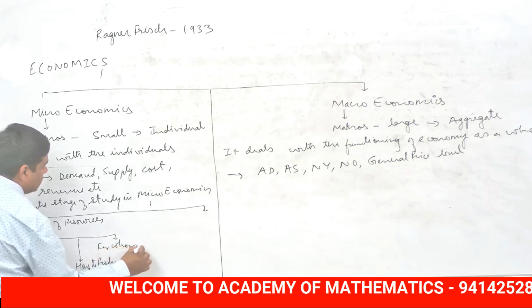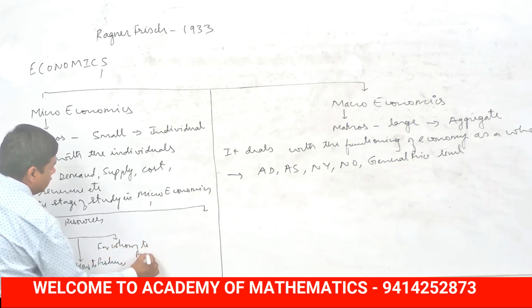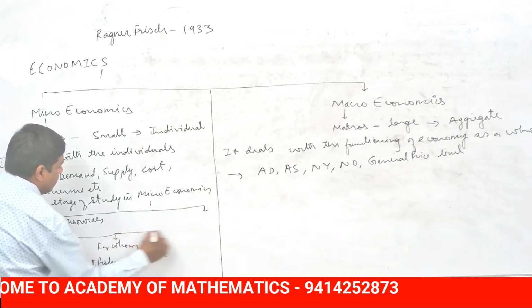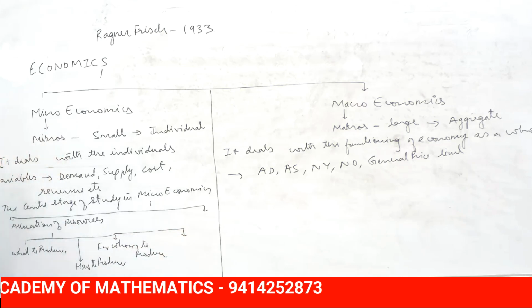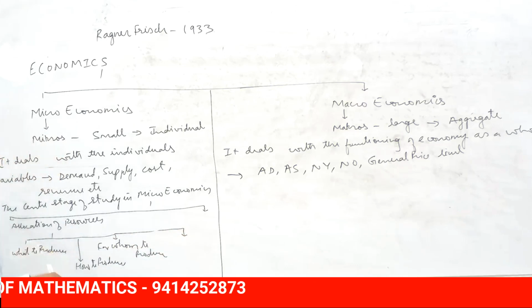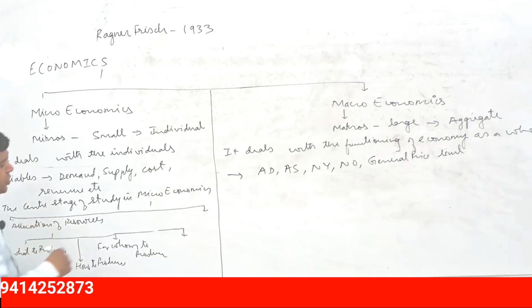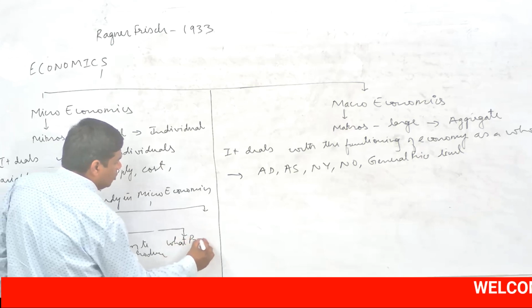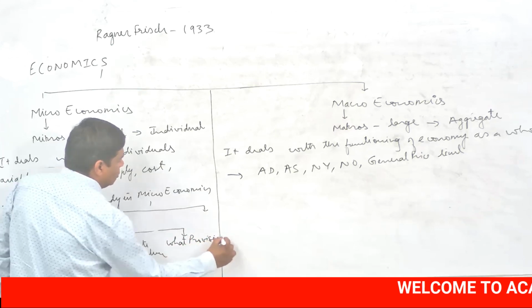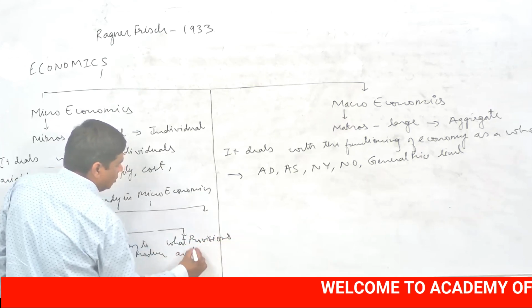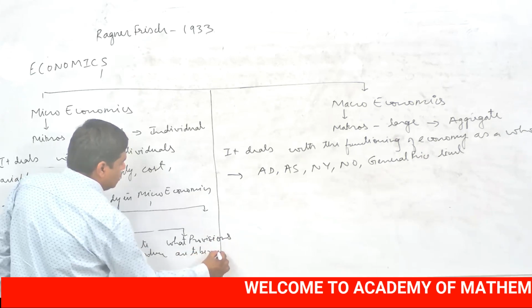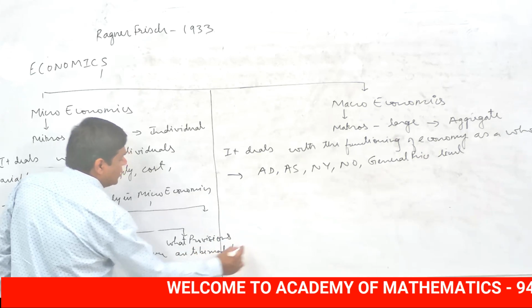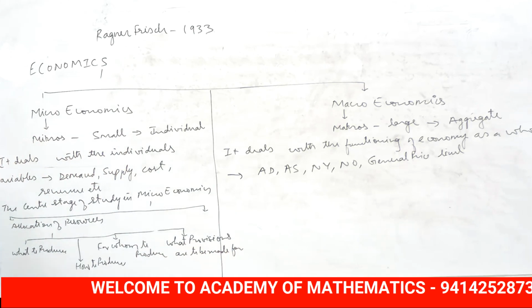Any other central problem? See, in this CPT level, CA foundation level, we have to also discuss what provisions are to be made for the future generation. See, this mainly is related to sustainable development.